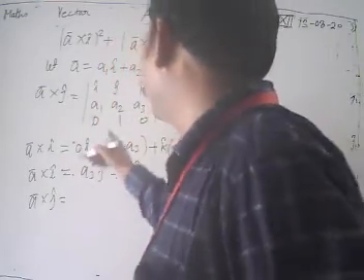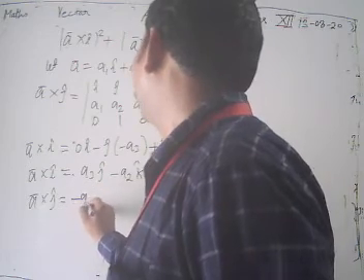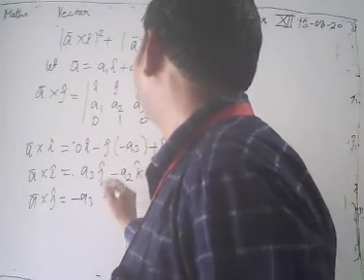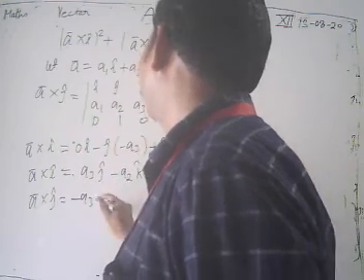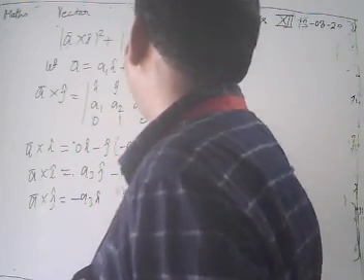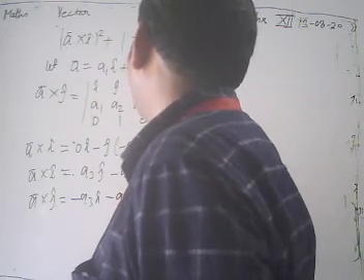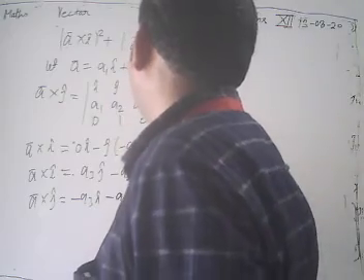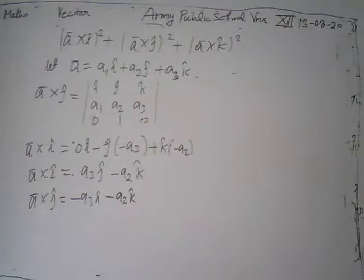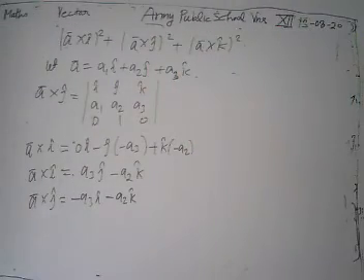Now vector A cross j gives minus A3 i cap, and minus A2 k cap. Minus A3 i cap and minus A2 k cap is our vector A cross j.